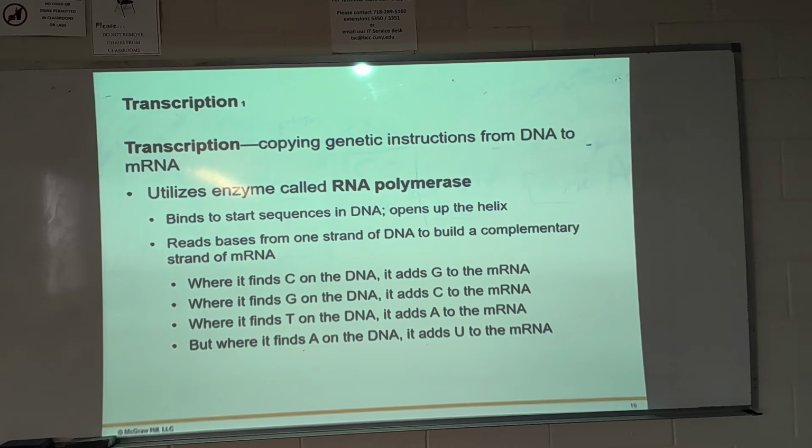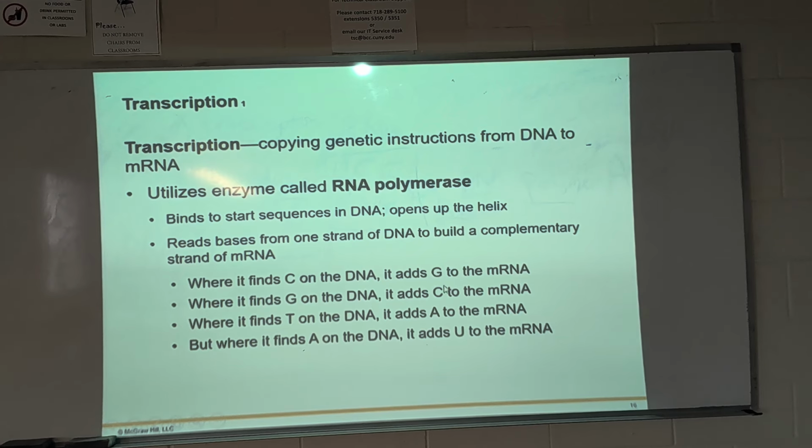Oxidase causes oxidation. Reductase causes reduction. Polymerase makes polymers. What types of polymers? RNA.